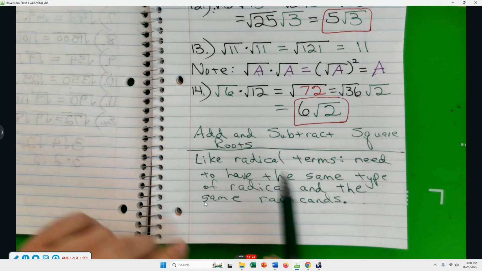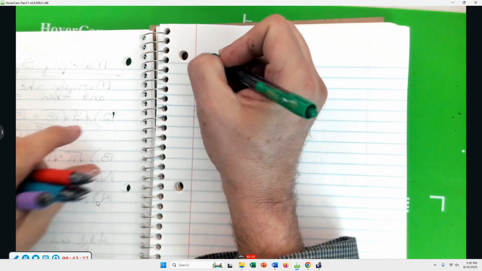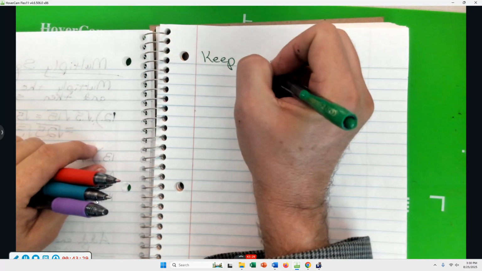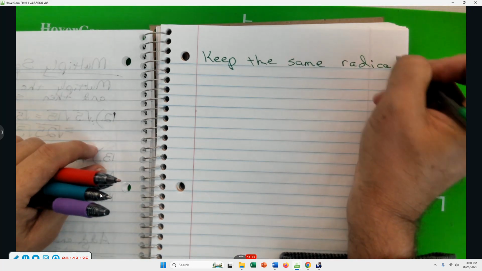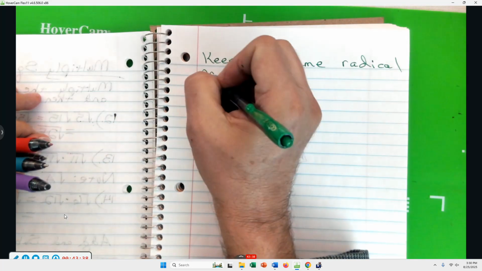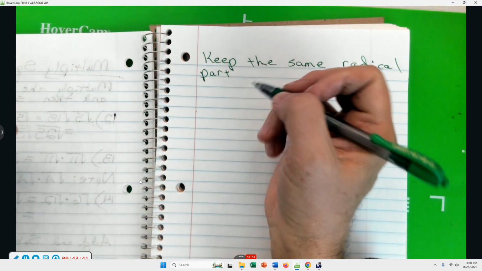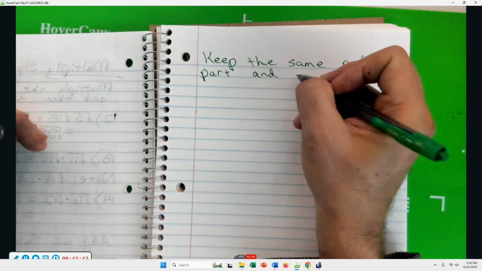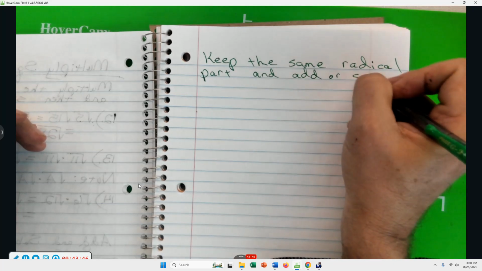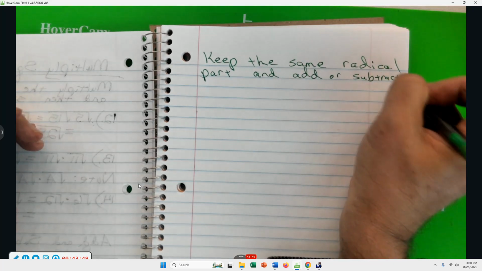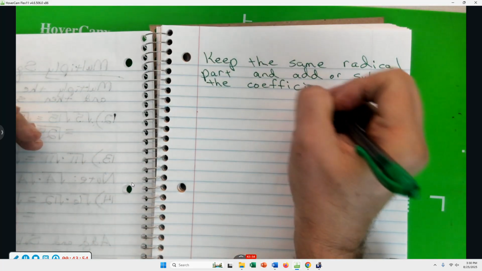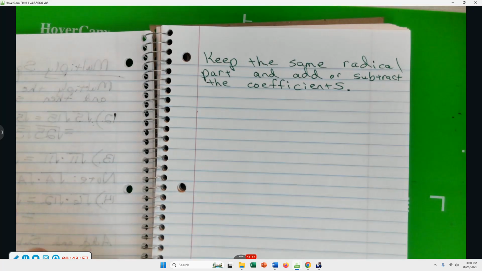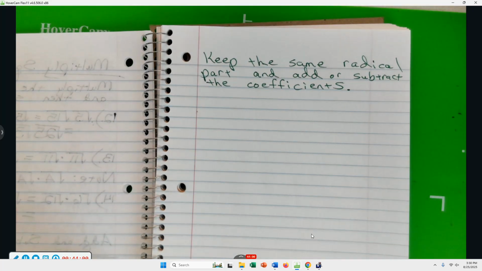So if you have like radical terms, you keep the same radical part, and add or subtract their coefficients, depending on whether the problem tells you to add or subtract. And the coefficient is the number attached to the radical in front. It'll make more sense seeing an example.